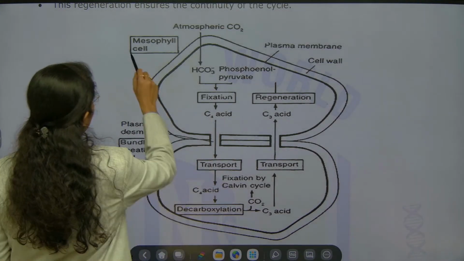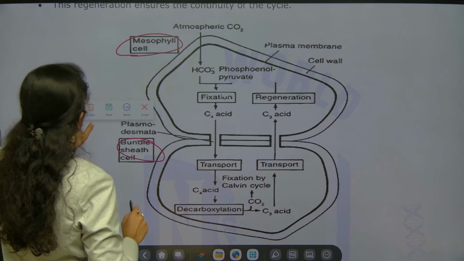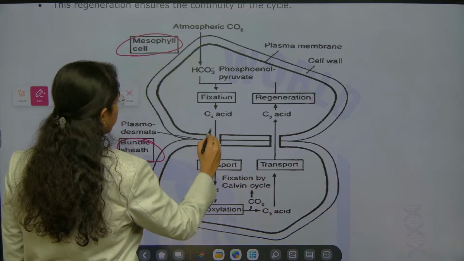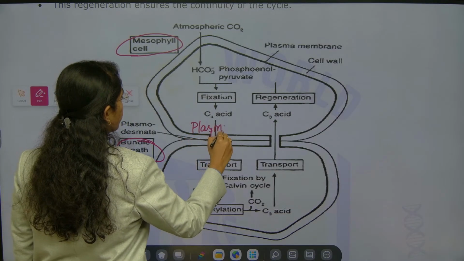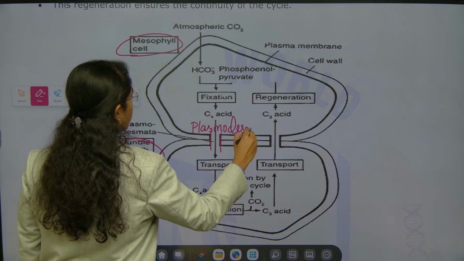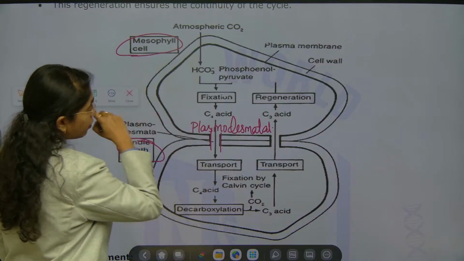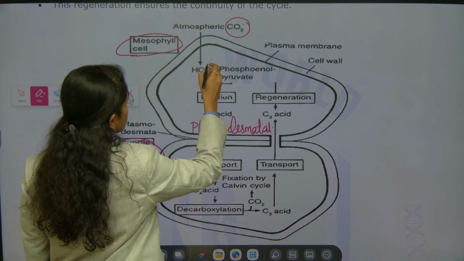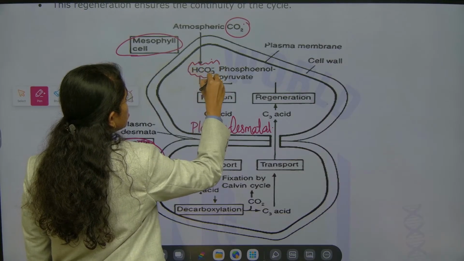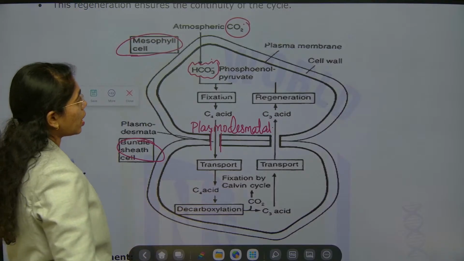These cells are what? Mesophyll cells and bundle sheath cells. How are they connected? Mesophyll cells and bundle sheath cells are connected by plasmodesmatal connections in between. Here if you observe, carbon dioxide is fixed in the mesophyll cells in the form of hydrogen carbonate.